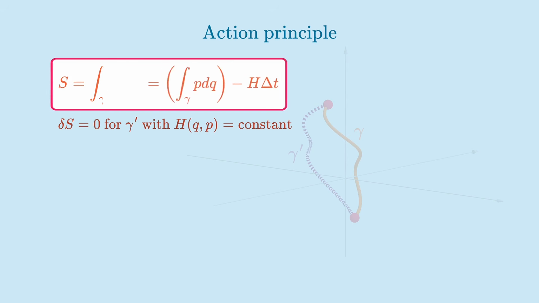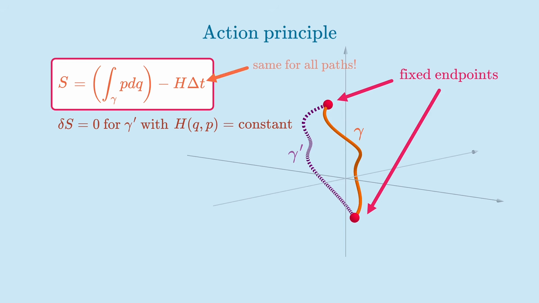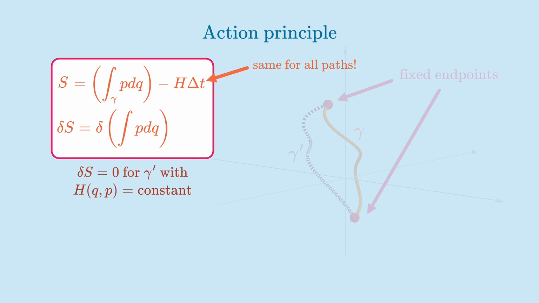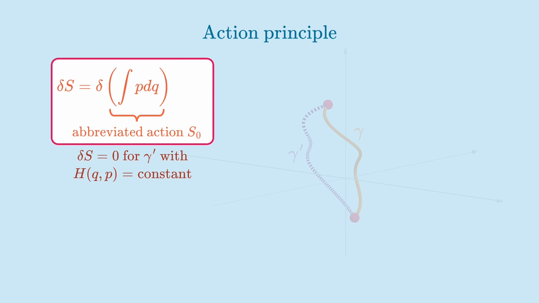Since we are comparing against paths that also have the same endpoints, delta t is the same across all variations gamma prime. So the difference in S is the same as the difference in just this p dq integral. This integral is known as the abbreviated action, denoted as S0. We can then replace this statement with delta S equals 0 by delta S0 equals 0.